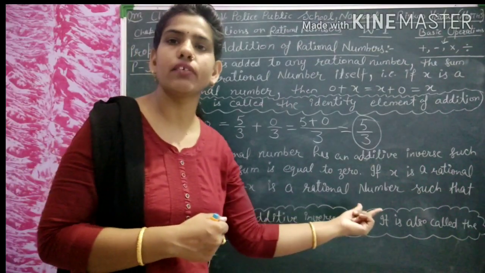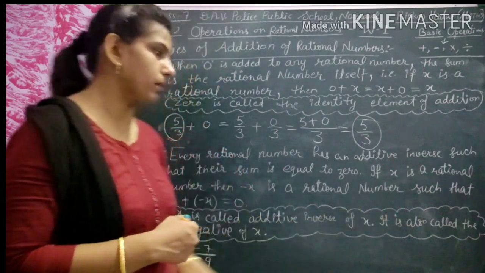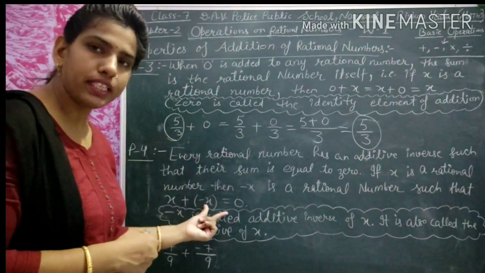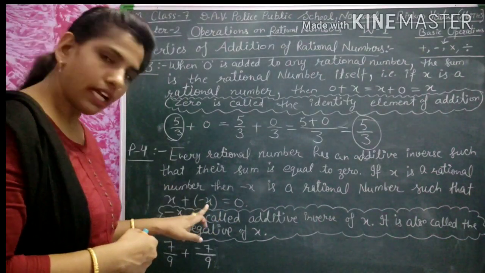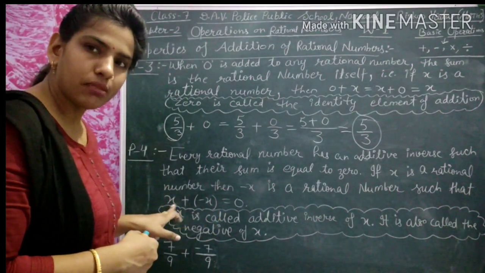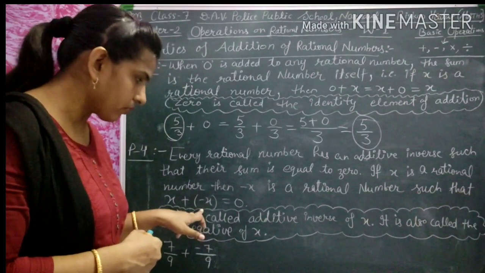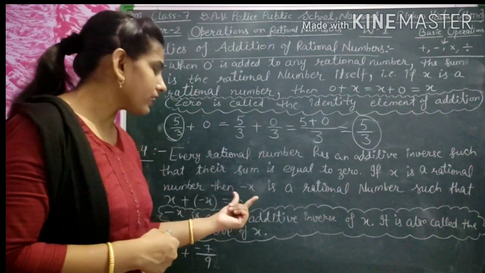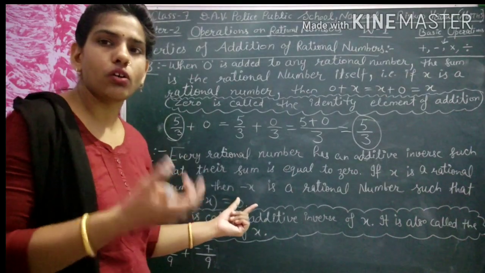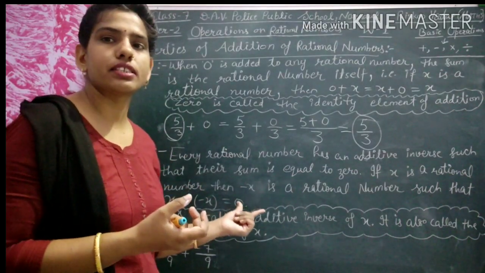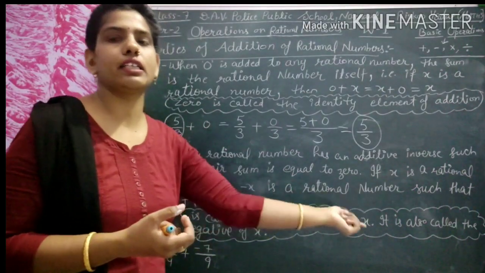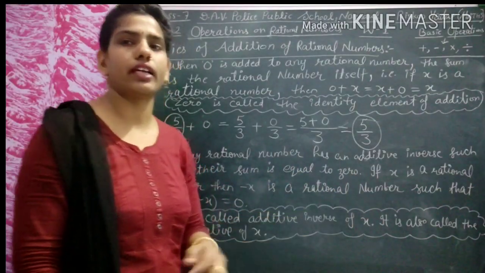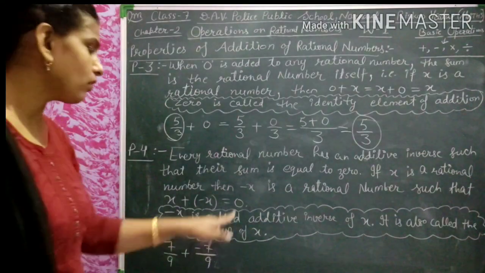So x plus minus x, the sum of a rational number and its additive inverse, always equals 0. And this 0 is not just any number; it is the additive identity, the identity element of addition.